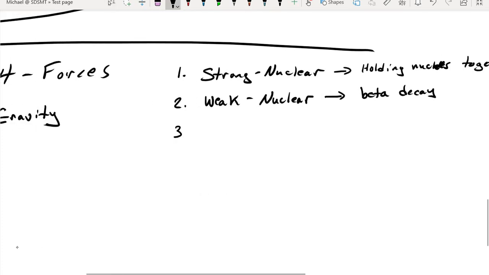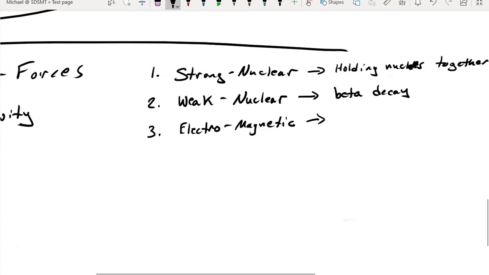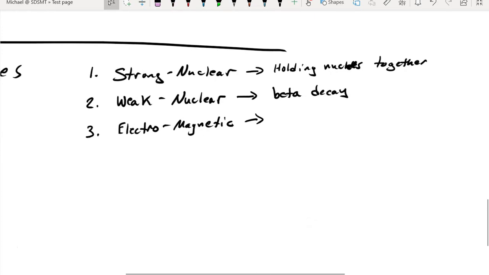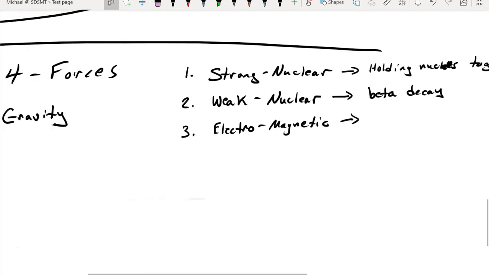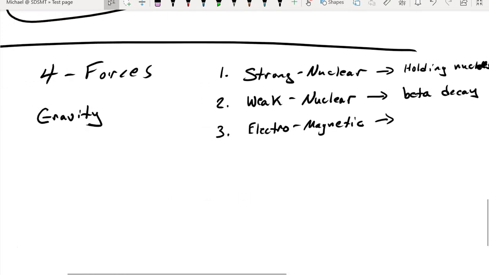And so that brings us to our third force, which is the electromagnetic force. Now some books will break this up into two separate forces, and so some books might even say that there are 5 forces out in the universe.